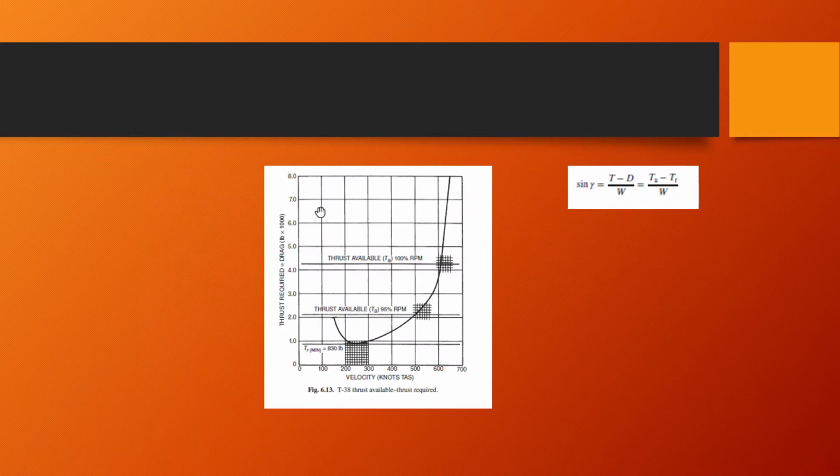All right, so now that we have this in context, the angle of climb is the first thing we're going to talk about. To solve for this, I just used this diagram straight from the book, the T-38 thrust available, thrust required diagram.